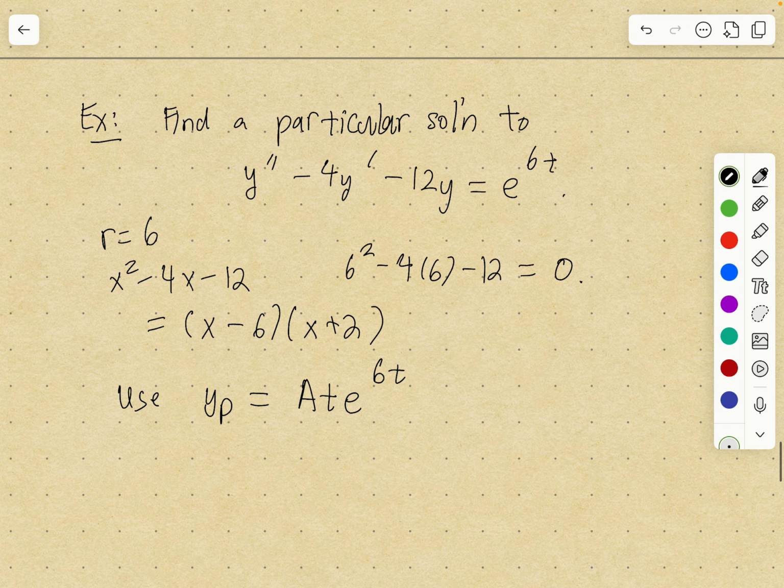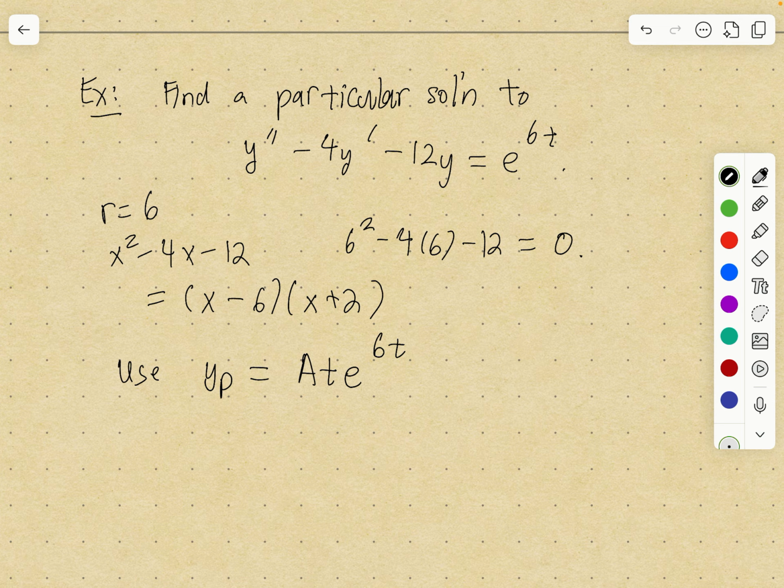If you think about what's going to happen, if you try a e to the 6t without the t, okay, just a e to the 6t, we know what's going to happen because we've solved the homogeneous equation. We know that that's the solution to the homogeneous equation. So if you figure out the left-hand side, you're actually going to get 0.